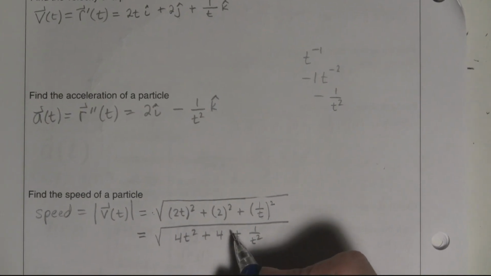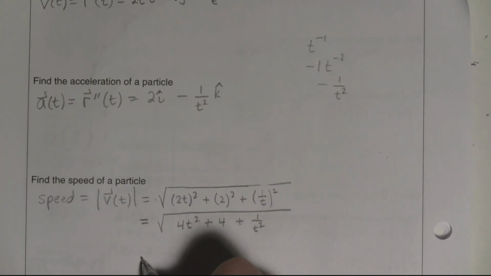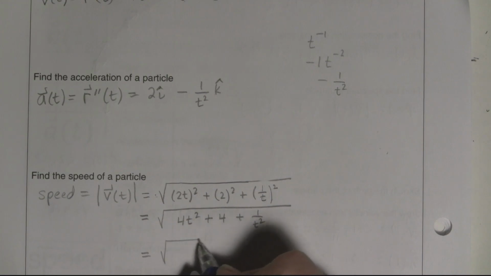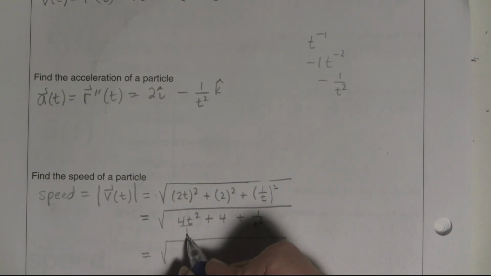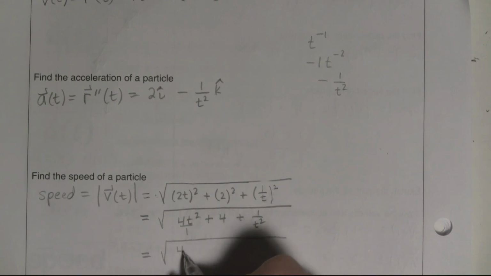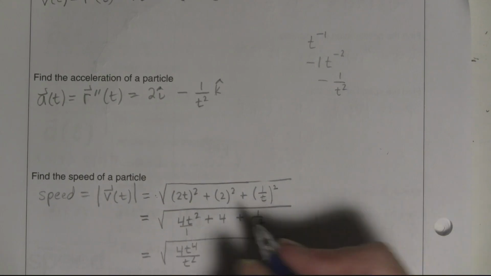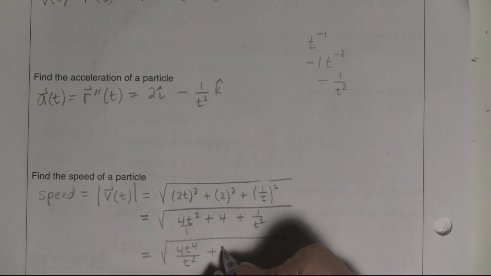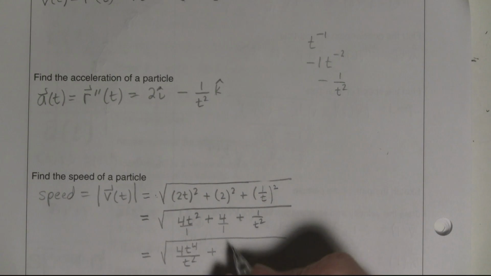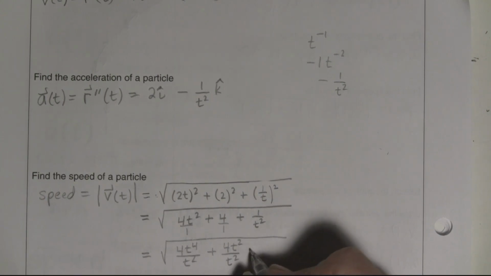And so when I get a common denominator here, this is going to be over 1 here. So times t squared top and bottom here. So that's 4t to the 4th over t squared. This is the place where I needed the room. And then over 1 here. So 4t to the 2nd over t to the 2nd plus 1 over t to the 2nd.